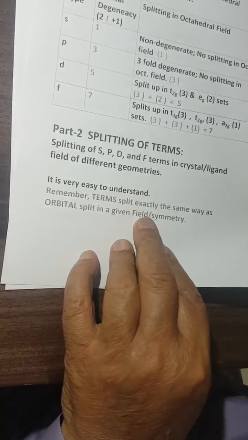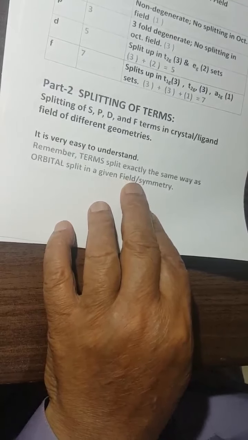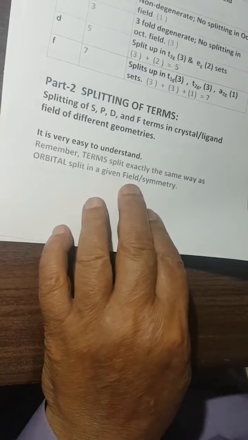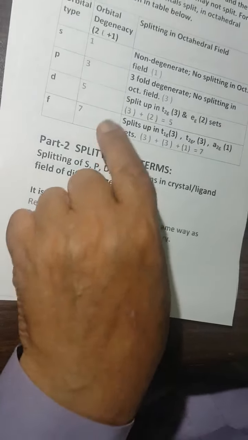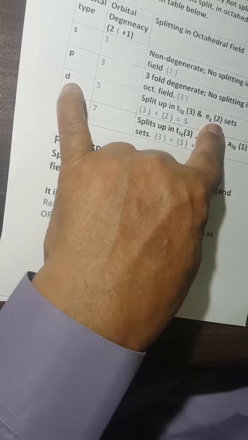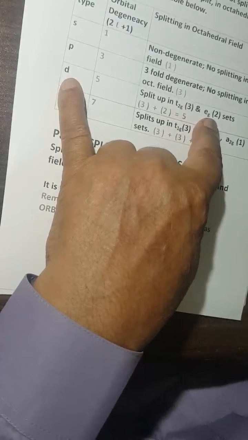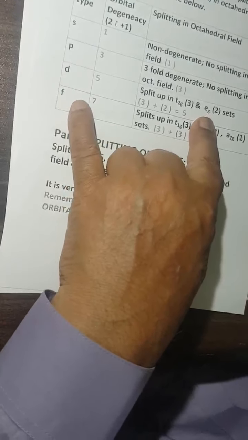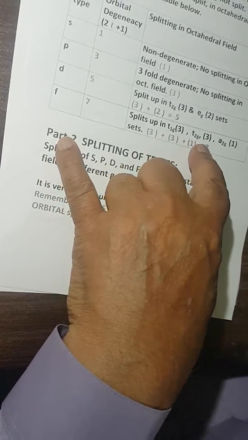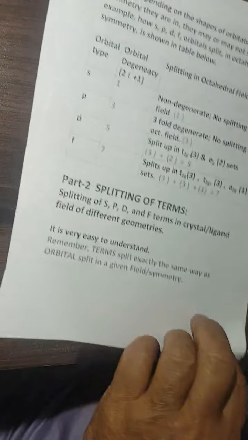It is very easy to remember. Terms split in exactly the same way as orbitals split up in a given field. If d orbital splits up into T2g and Eg, so the D term will also split up into T2g and Eg. If f orbital splits up into T1g, T2g and A2g, the F term will also split up the same way.